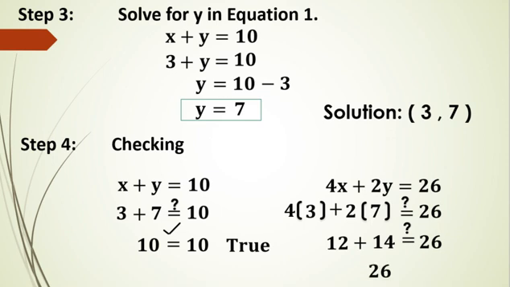Yes, 26 equals 26. The resulting statement is also true. So since the ordered pair 3, 7 satisfied the first and the second equation, therefore 3, 7 is really the solution of the system.